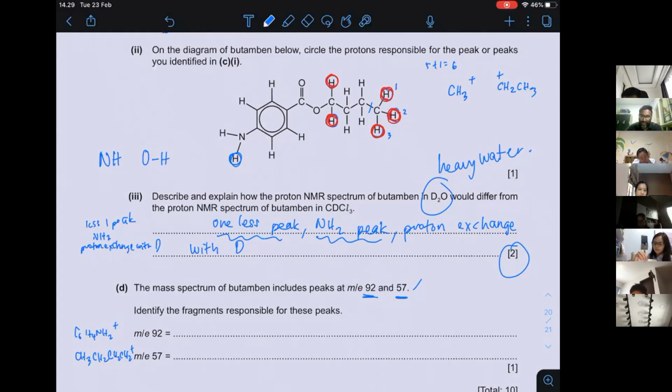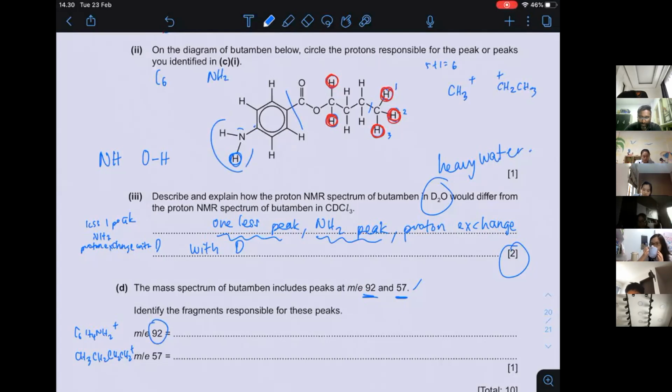Normally, because 92 is a big number, I try to count this one. This is going to be C6, and then there is NH2, so I put NH2 there.